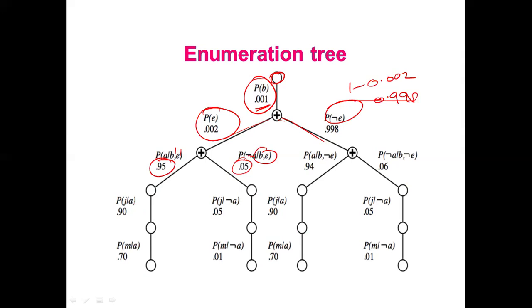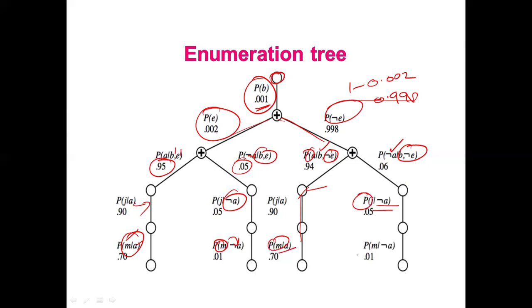From this, we can extend: John calls when alarm rings, Mary calls when alarm rings. Here, John calls when alarm not ringing, Mary calls. Unfortunately, they may be calling, which means if A bar, we have to write like this. Similarly, A given B: alarm happened, burglary happened, earthquake not had happened. Now here alarm not happened, same burglary or earthquake not happened, and we are extending. If you are extending the graph like this: burglary, John calls alarm rings, and John calls alarm is not rings.